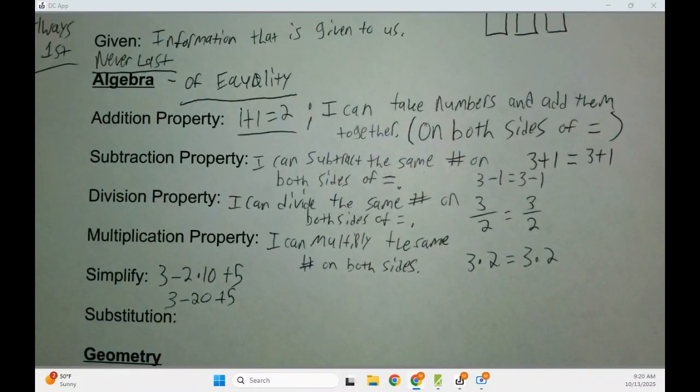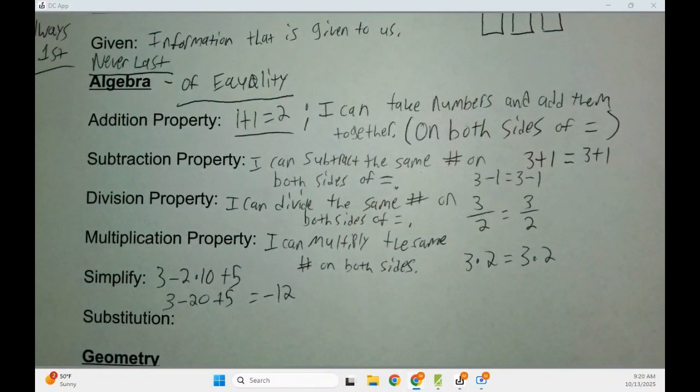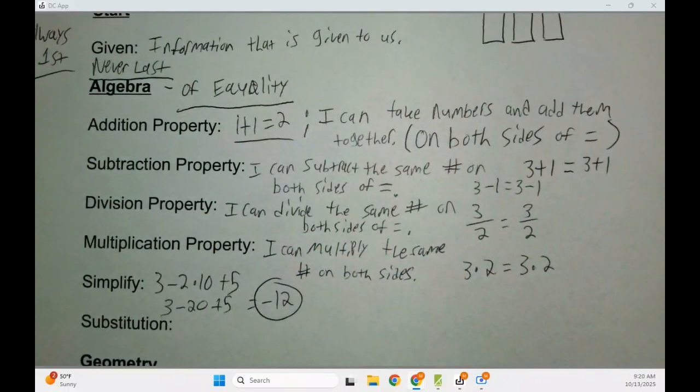What do I do? Negative 15, yeah. You see how I did all of that and it just got smaller and smaller and smaller and smaller? That's simplify. It's not the same thing as congruent goes to equal, equals goes to congruent.